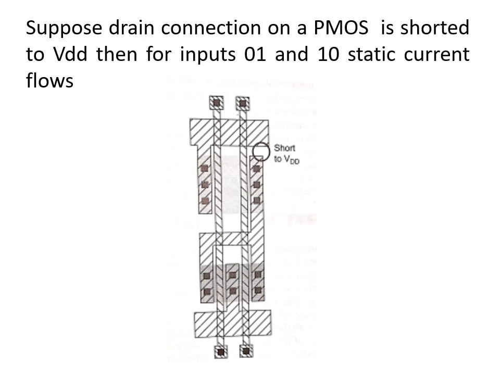If we apply the test vector as 0 1 or 1 0 to the inputs A and B, and measure the static current, that is IDD, we will notice that it rises to some value which is determined by the size of the NMOS transistor.